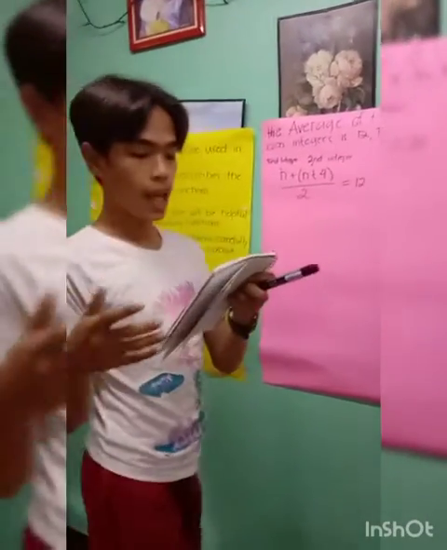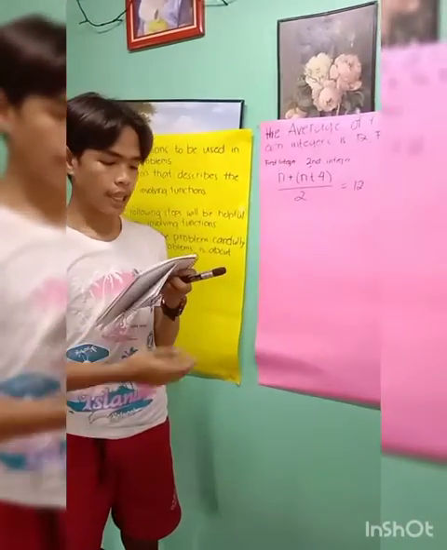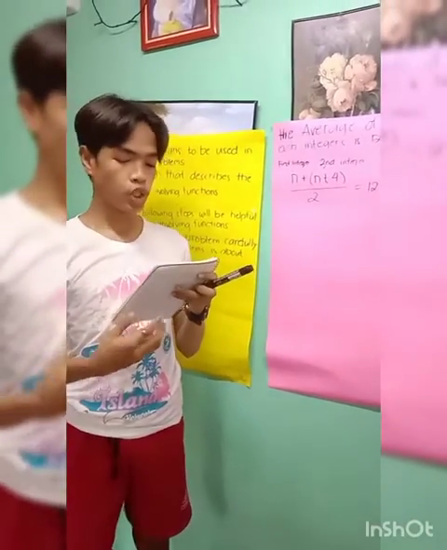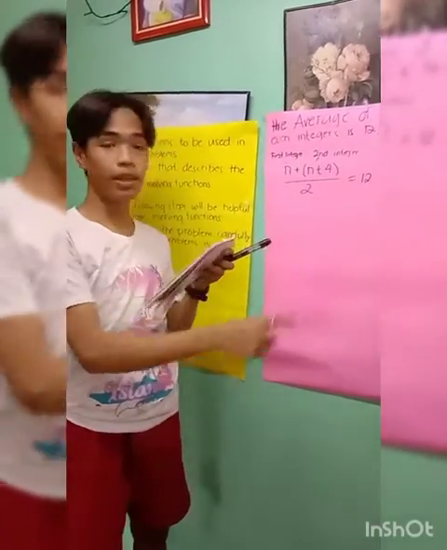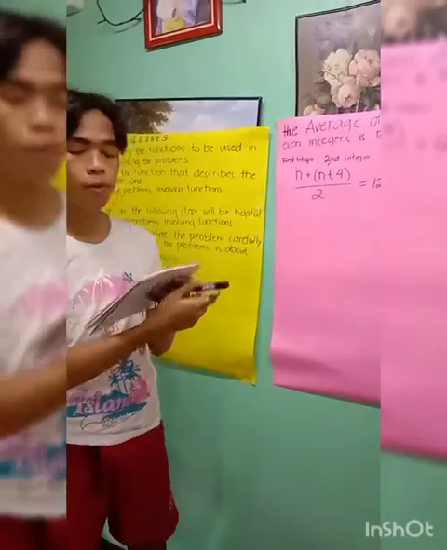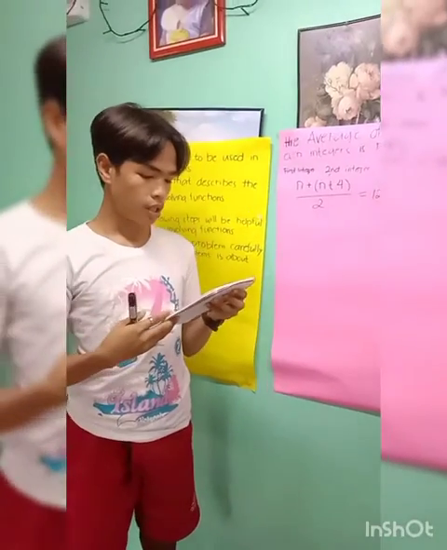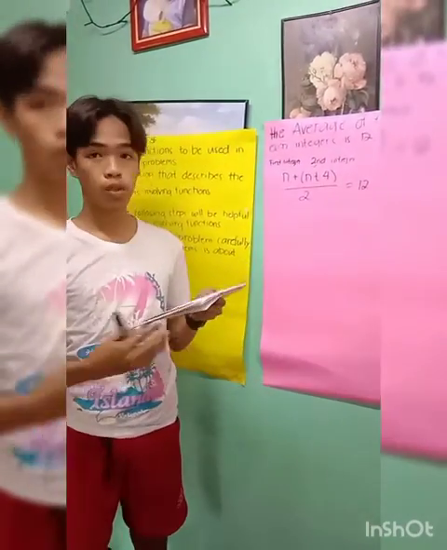Applying the order of operations, we use our equation from earlier: n plus n plus 4, divided by 2, is equal to 12. Combining like terms, n plus n is 2n, so 2n plus 4 divided by 2 is equal to 12.